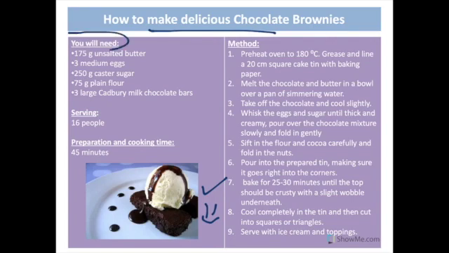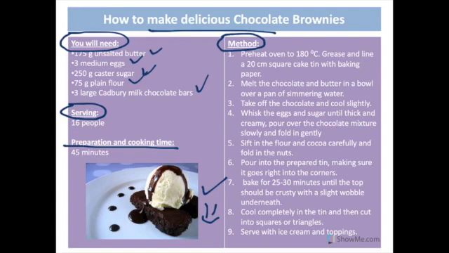It has the ingredients, but they've decided to say you will need. It tells us how many people can actually eat from this recipe. And over here, it tells us how long it's going to take to actually make it. And in this subheading, it's the normal method. The ingredients tell us how much of each ingredient we need.